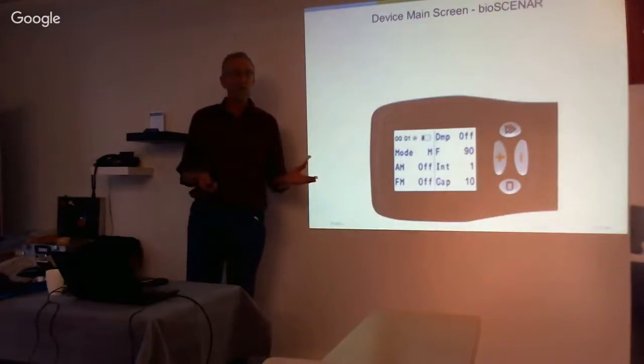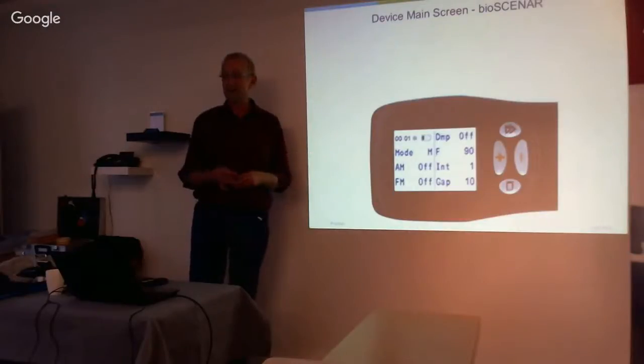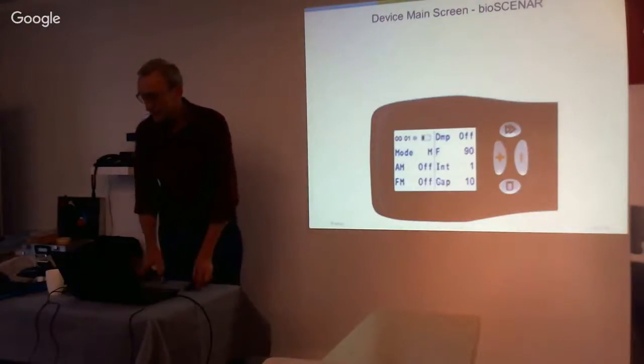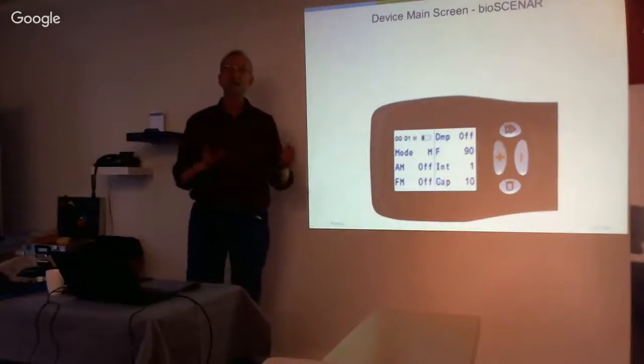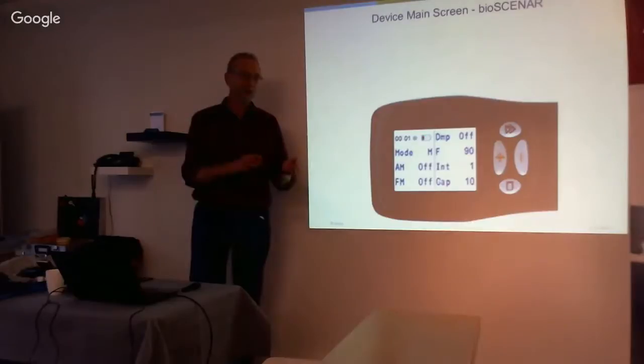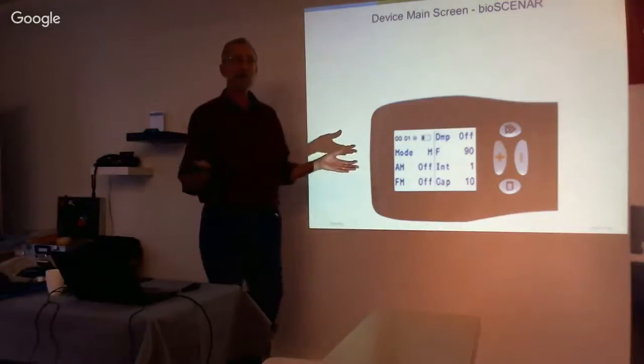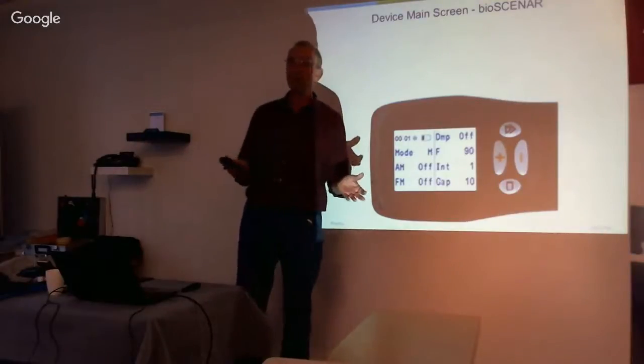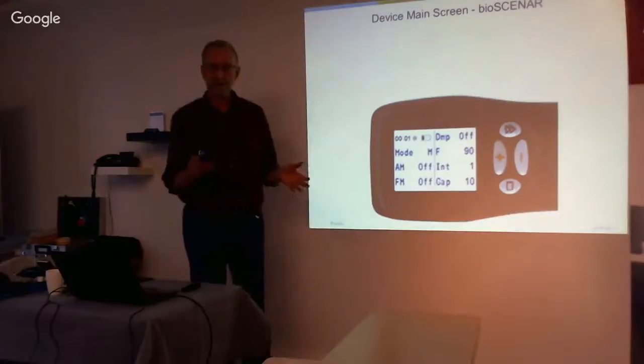So, this is just a small introduction of what Scenar can do. But this course is designed to be practical so that you know what's going on. Therefore, I just want to show you how easy it actually is to work on a patient.